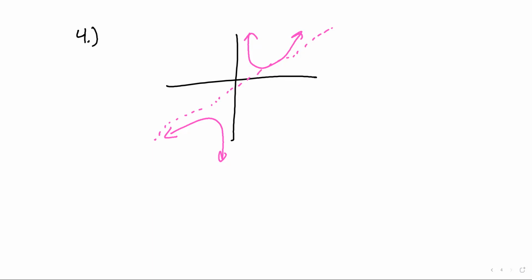It fails the horizontal line test. If I draw a horizontal line, I don't know why I'm even tapping it because this is going to be a straight line anyways, but it will cross at least more than once at some point. Correct. There are functions, but they're not one-to-one because it fails the horizontal line test. So this would be a no.